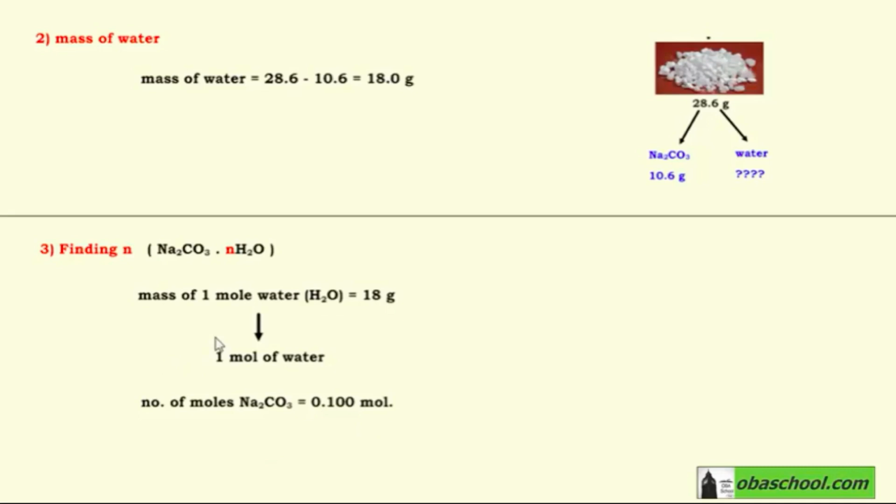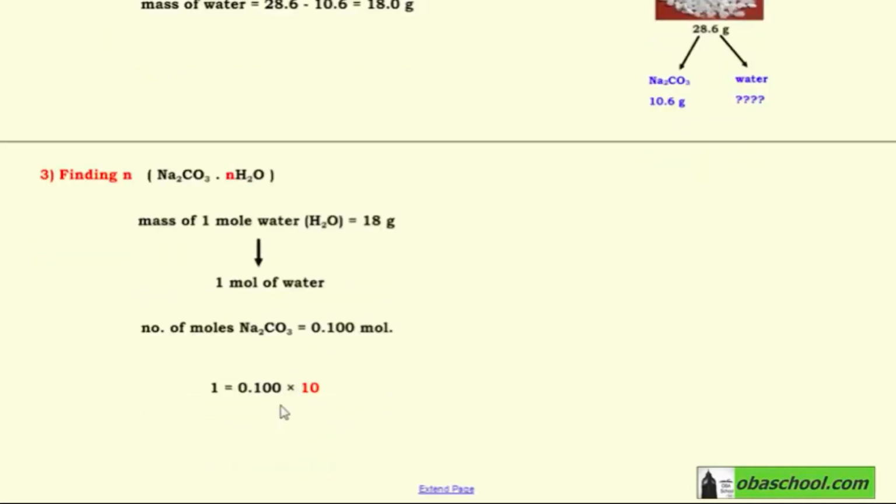Now I have the number of moles of water and the number of moles of sodium carbonate. The 1 represents 0.1 times 10, meaning to get number 1, I should multiply 0.1 by 10. So the number of moles of water is 10 times more than the number of moles of sodium carbonate.